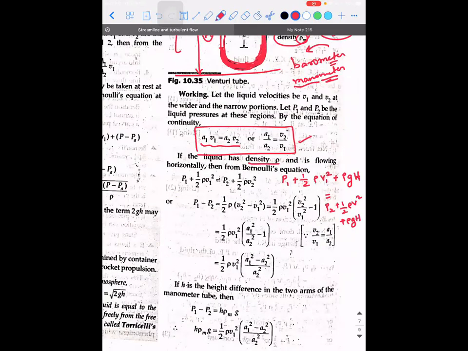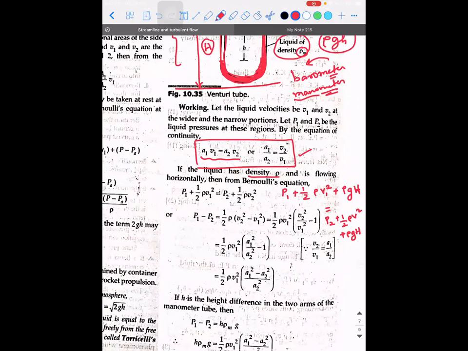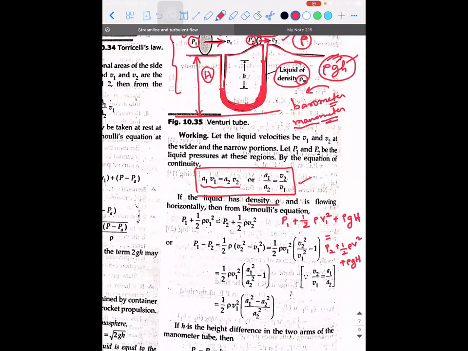Are you able to understand what I'm writing? Did you understand about rho gH? The gravitational potential energy that I have written here is with respect to the reference ground. So what kind of a tube is this?